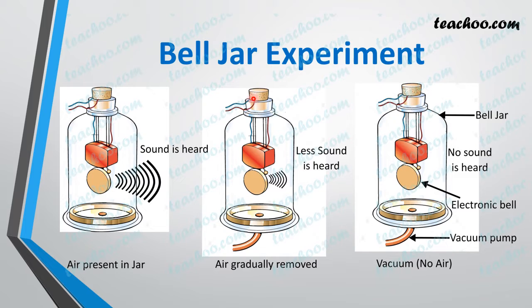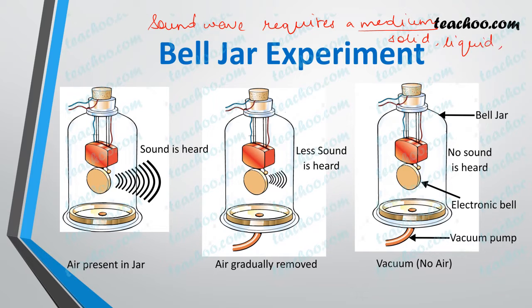Just a quick recap about what we had done in standard 8, that they say sound wave requires a medium. When I say a medium, that means it can be either solid, liquid or gases. It requires a medium so that it reaches the ears.